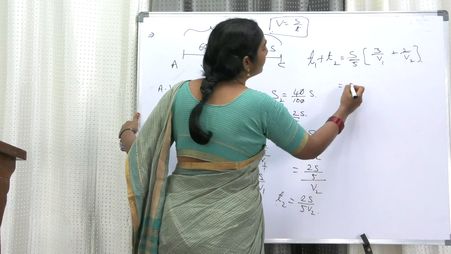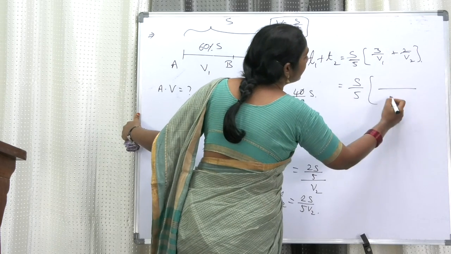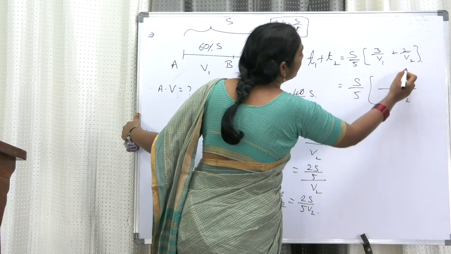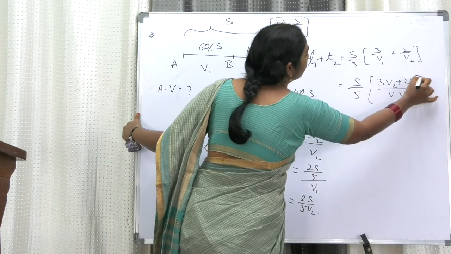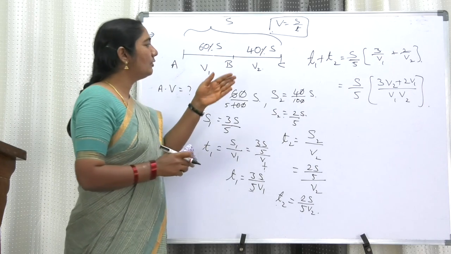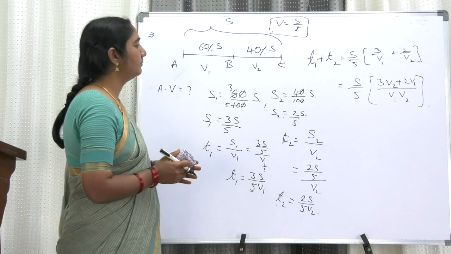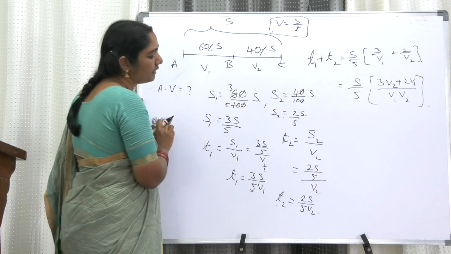So that's equal to S by 5 into, taking the LCM v1 v2, 3v2 plus 2v1. I think now you understood how we got the value of total time. Now let me rub it off.